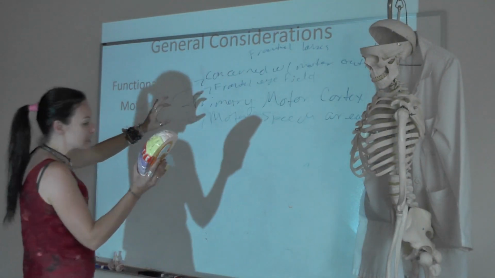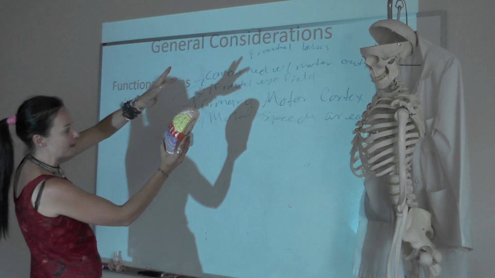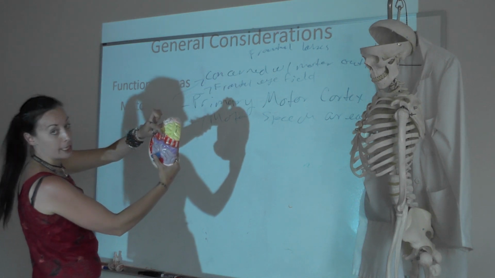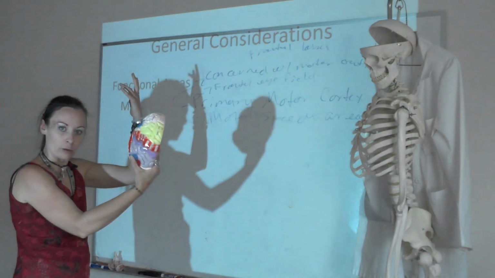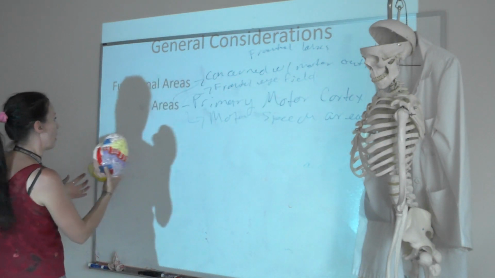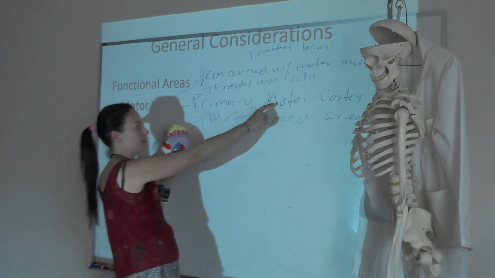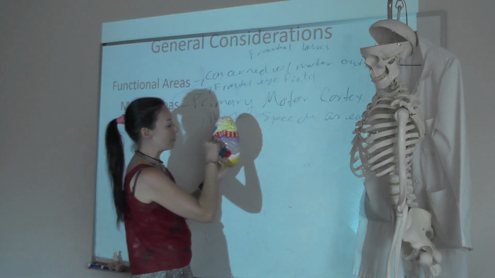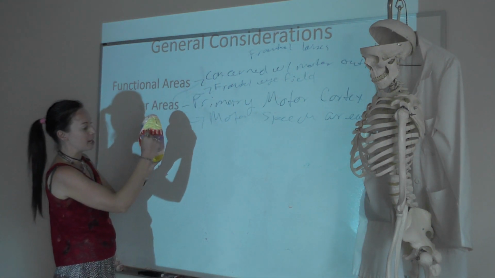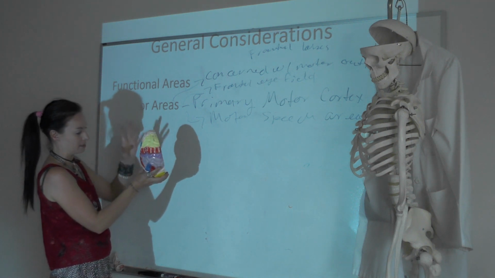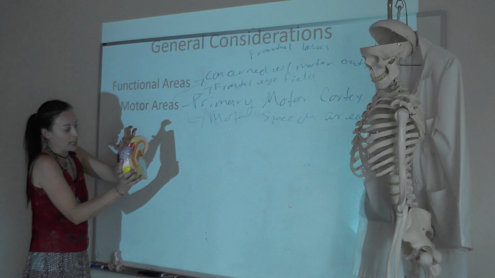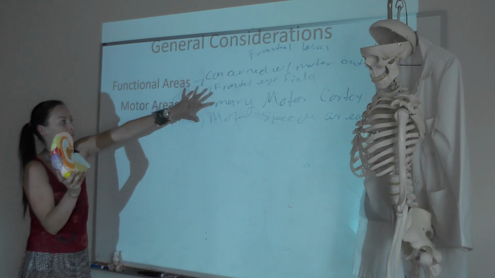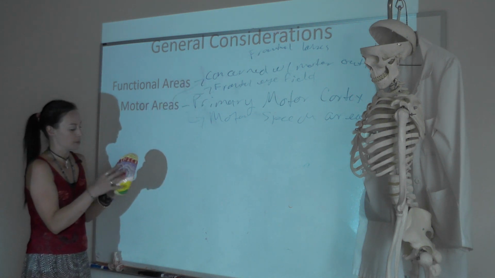The things that are more important for you to have fine motor control over, like your face and your hands, get more brain territory. So that's pretty cool. Our primary motor cortex is the precentral gyrus, and that's where we're going to initiate all of our voluntary motor commands for the bulk of our body, with the exception of our frontal eye field and motor speech area.